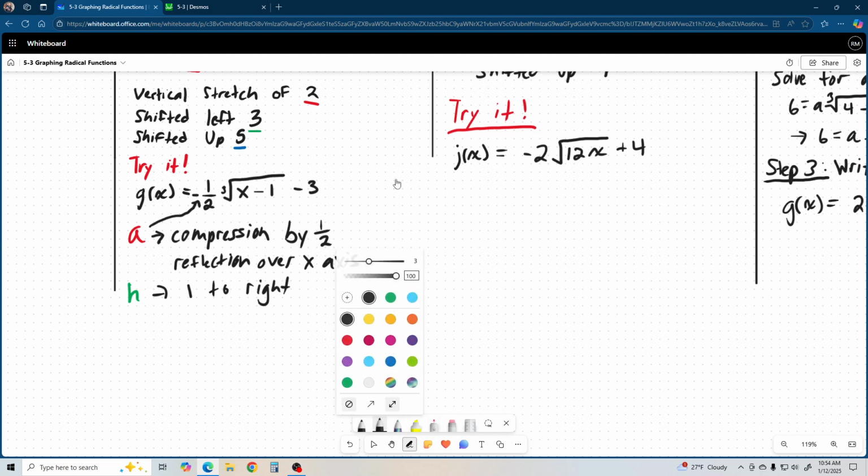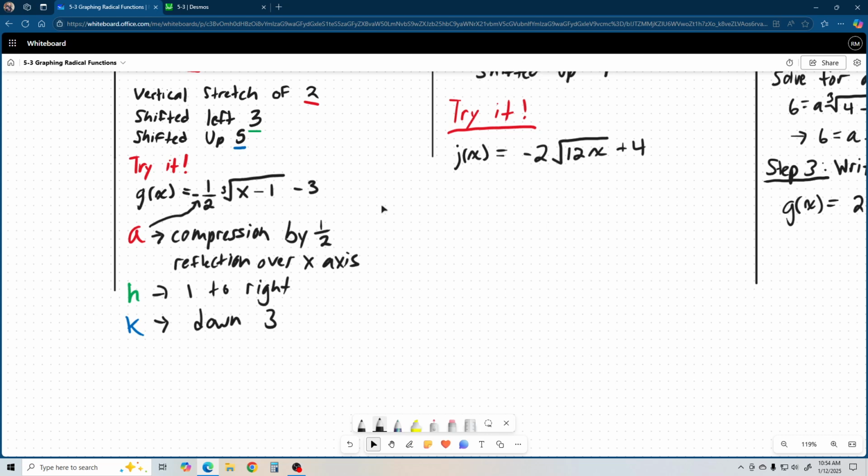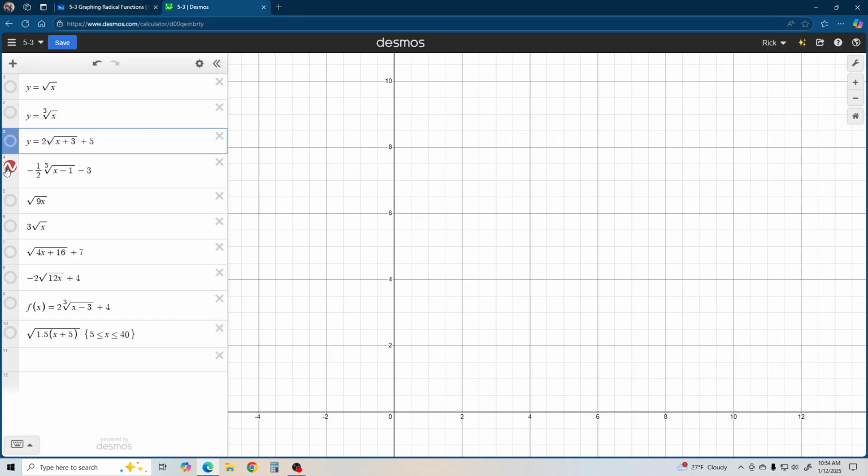And then finally, we have our k value. And k is minus 3, so we're going to go down 3. All right, so what we're saying is 1 to the right, down 3, and it's going to be closer to the graph, also reflected, right? All those things. So now let's actually just take a look at our function here.